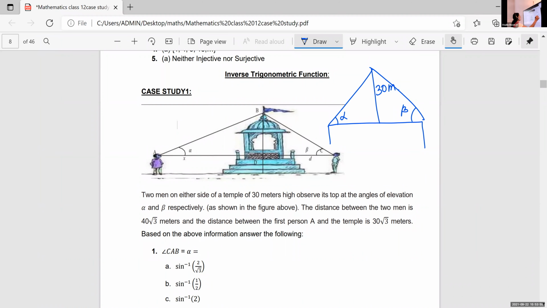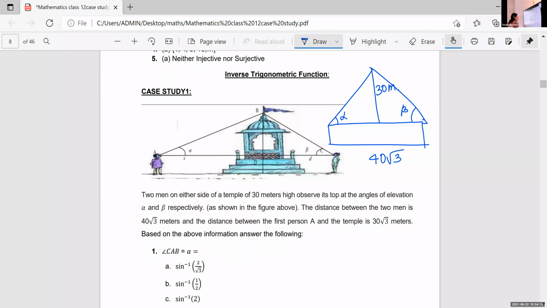And the distance between the two men is given as 40 root 3 meters. The distance between the two men means these two as a whole is 40 root 3 meters.